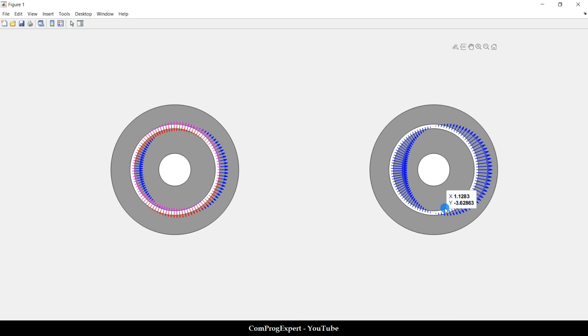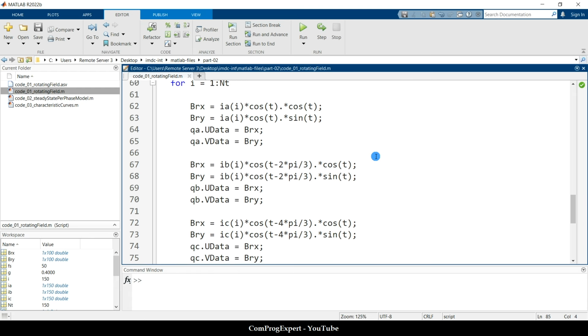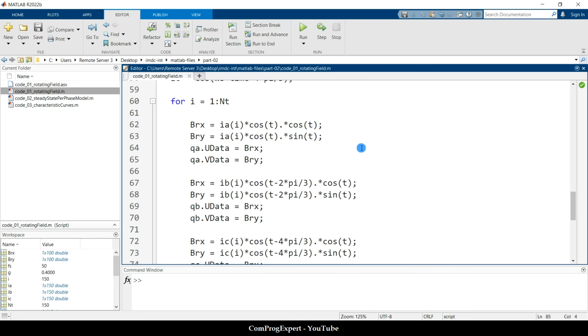Yes. Okay, so in the next parts, when we develop the two-axis model of the motor, I will derive the detailed expression for the rotating field. So how we propose a two-axis model and how we can develop a two-axis model for induction motors. In this M file, in this example, I try to visualize this rotating field.